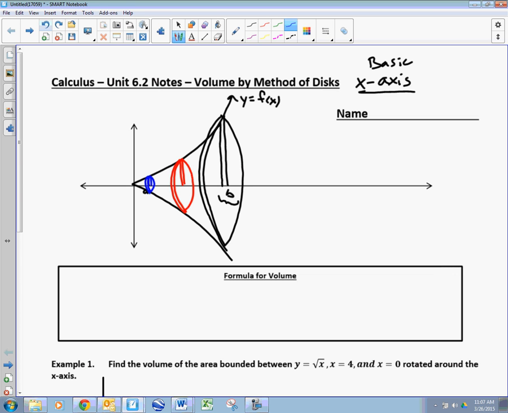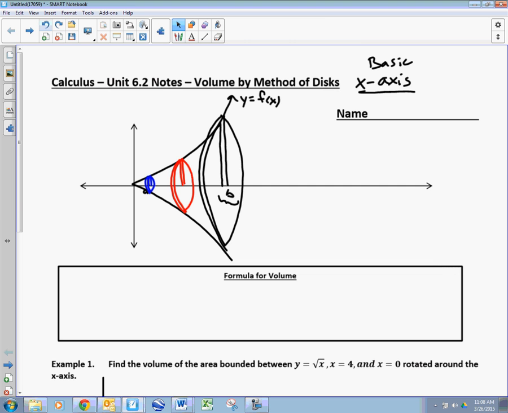We spin an infinite number of those rectangles around. We have an infinite number of disks. Because dx, what is the width of dx? It's infinitely small, correct? So therefore, I will stack up an infinite number of these.